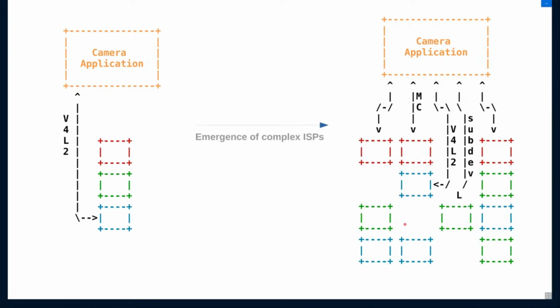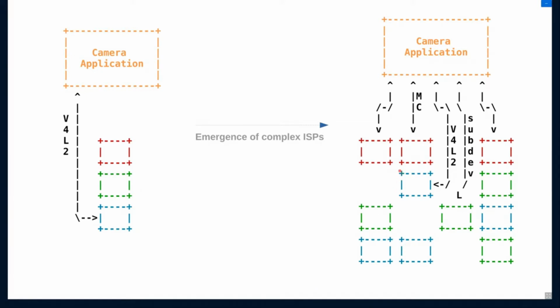But since the last couple of years, those cameras are slowly coming to the personal computing world, the laptops, and a few other UVC devices. So we need to address a problem here.